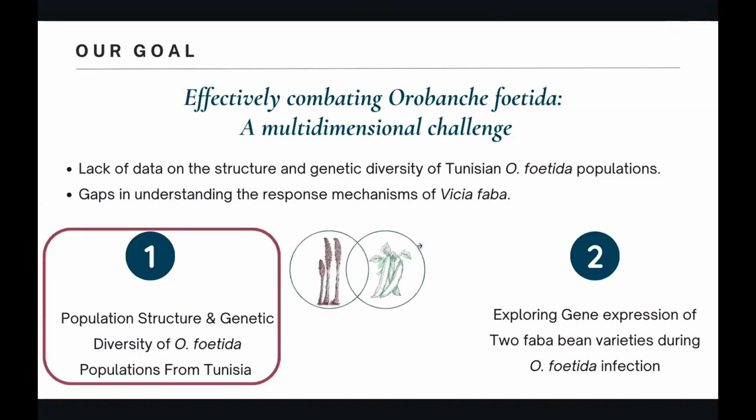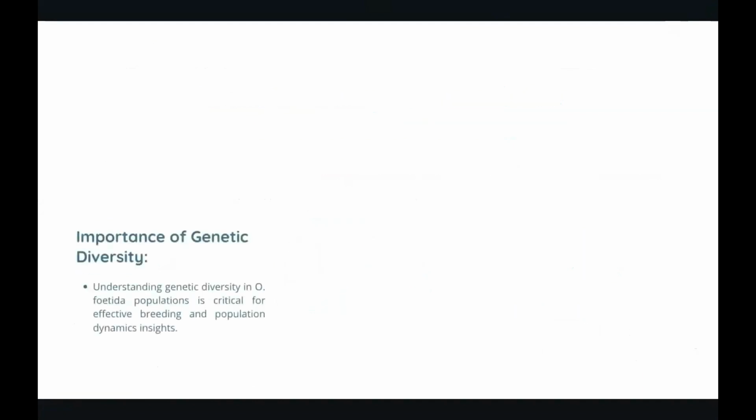So let's start with our first part. Understanding the genetic diversity of Orobanche foetida is crucial for crop improvement programs. This knowledge helps to predict the evolutionary dynamics of the parasite population and guides the development of resistant varieties.